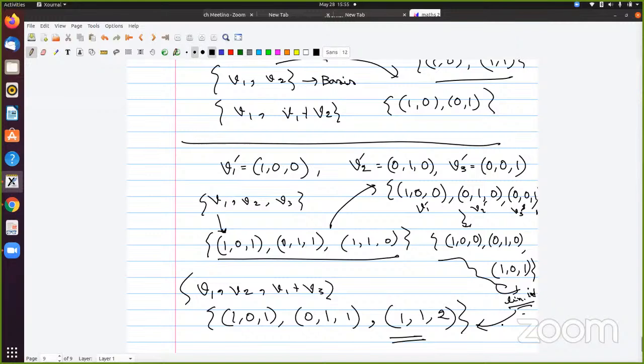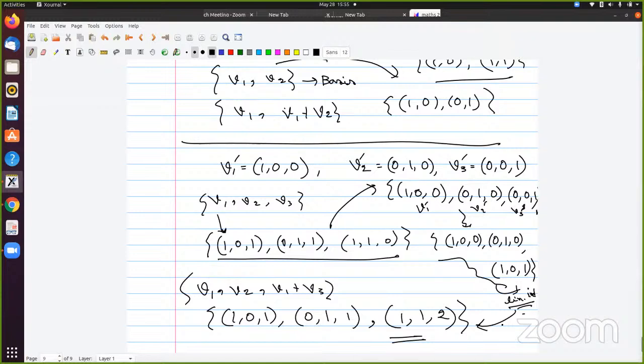Yes, sir. We are given that V1, V2, and V3 is a basis, but it is not in the standard form. So we are converting it into the standard form. Exactly. And again, we are going to the options. Options are V1, V2, V1 plus V3. Now your V1, V2, V3 has changed. Remember that. That is not the same V1, V2, V3.